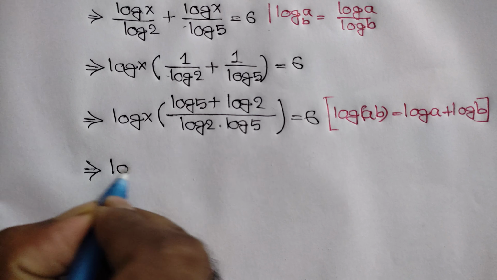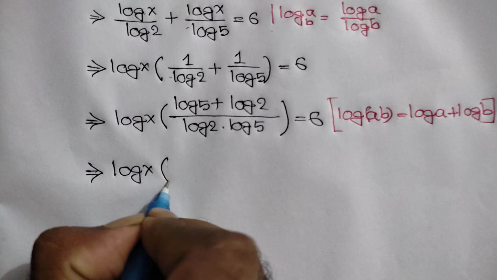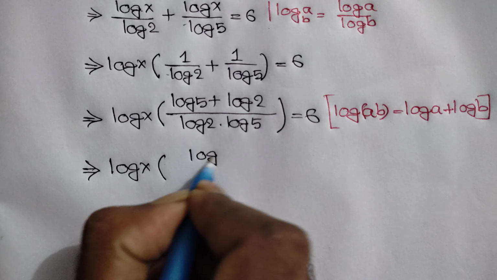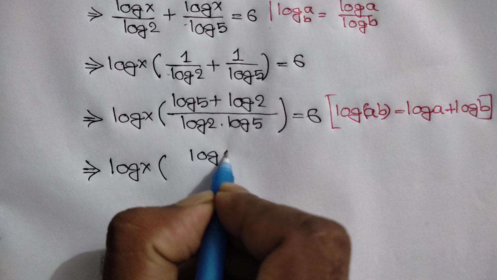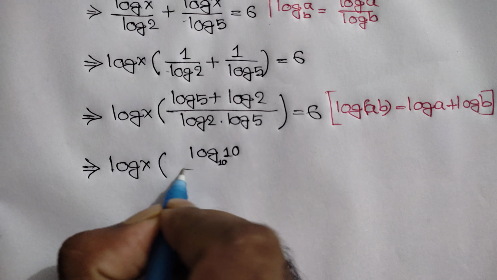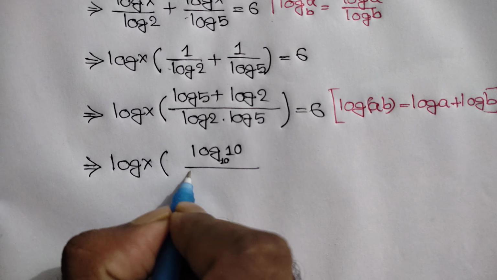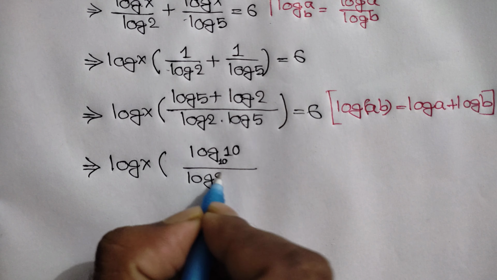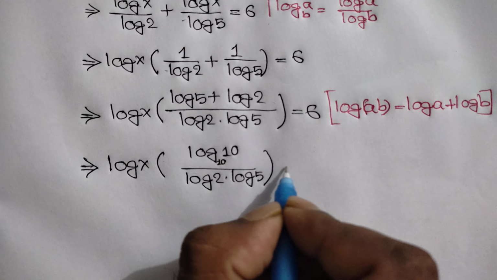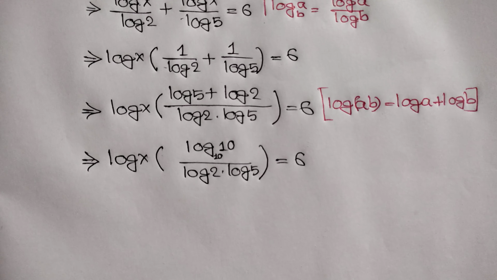So log of x times log of 10, here base is 10, over log of 2 times log of 5 is equal to 6.